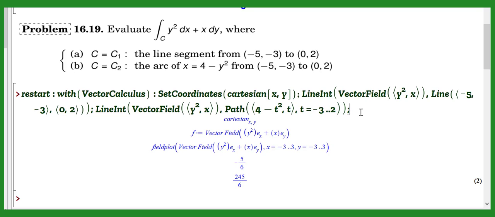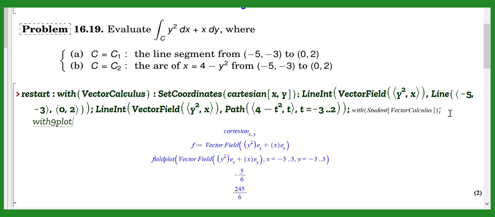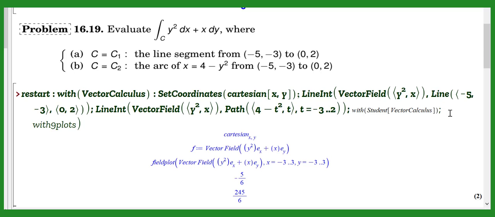So we need to use the student vector calculus package and also the plots package. I will add with student vector calculus and also with plots to this.